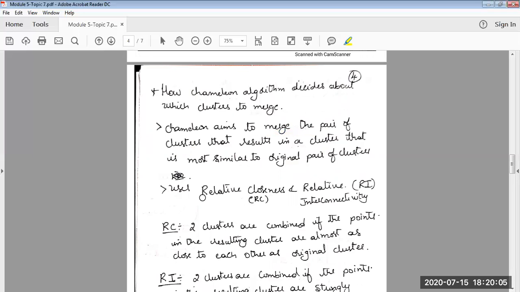But Chameleon uses two terminologies here. One is called relative closeness, the other is relative interconnectivity. It is abbreviated as RC and RI.